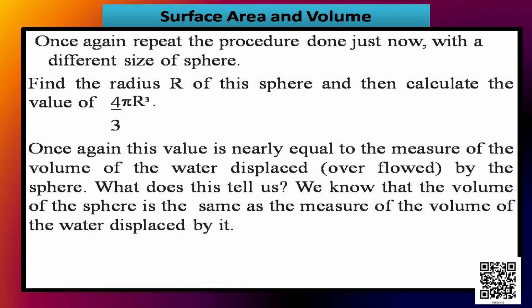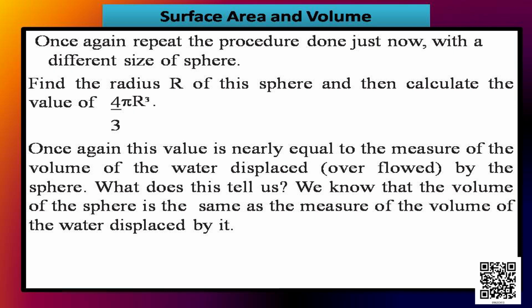You can repeat this procedure with a different size of sphere. Find the radius r of this sphere and then calculate the value of 4 by 3 pi r cube. Once again, this value is nearly equal to the measure of the volume of the water displaced or overflowed by the sphere. What does this tell us?